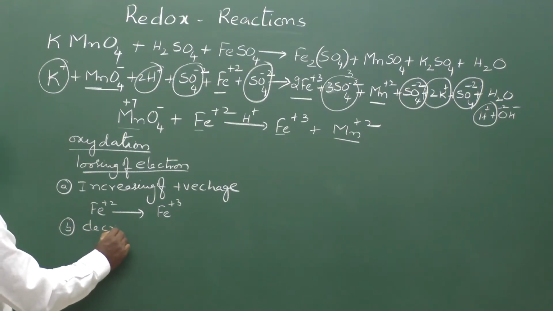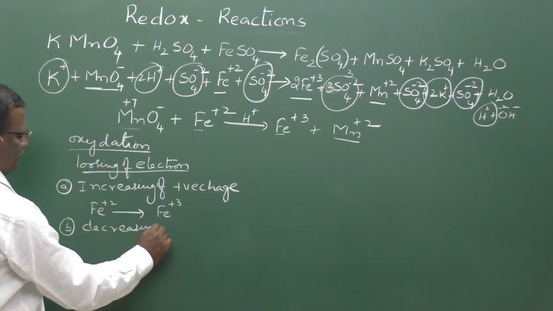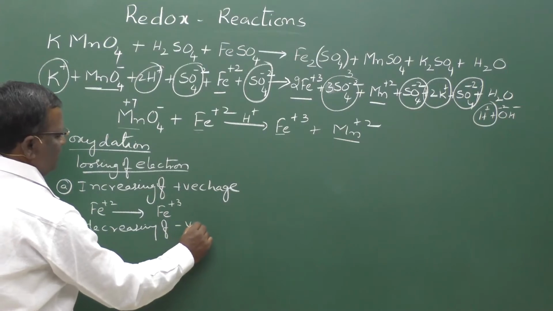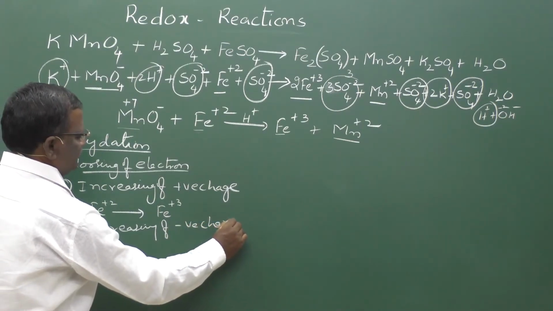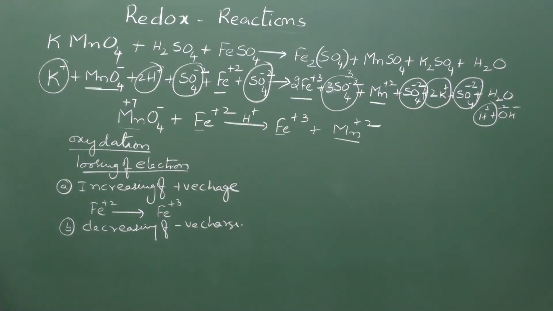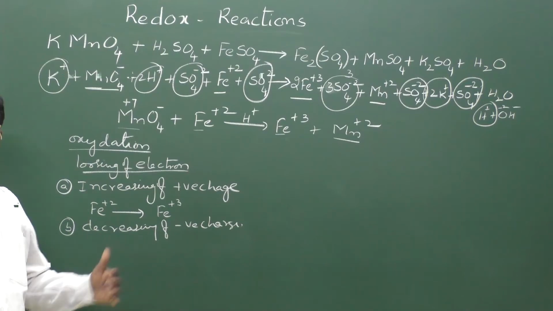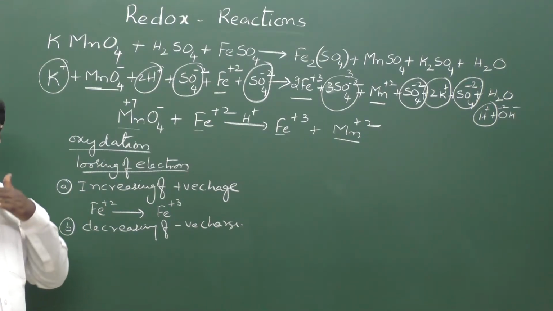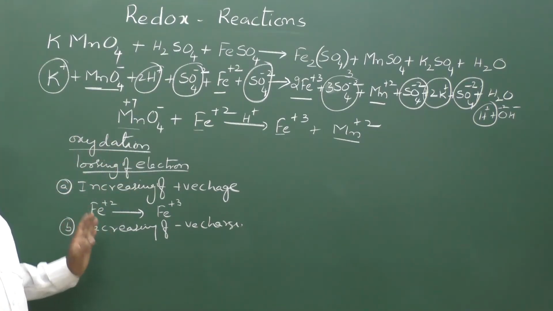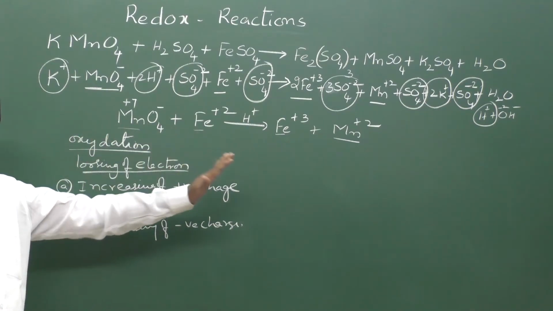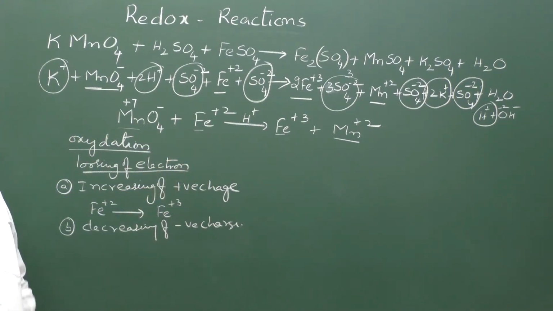The second one is decreasing of negative charge. Decreasing of negative charge means if any ion or atom has a more negative oxidation state on the reactant side and a less negative oxidation state on the product side, that is also called oxidation.